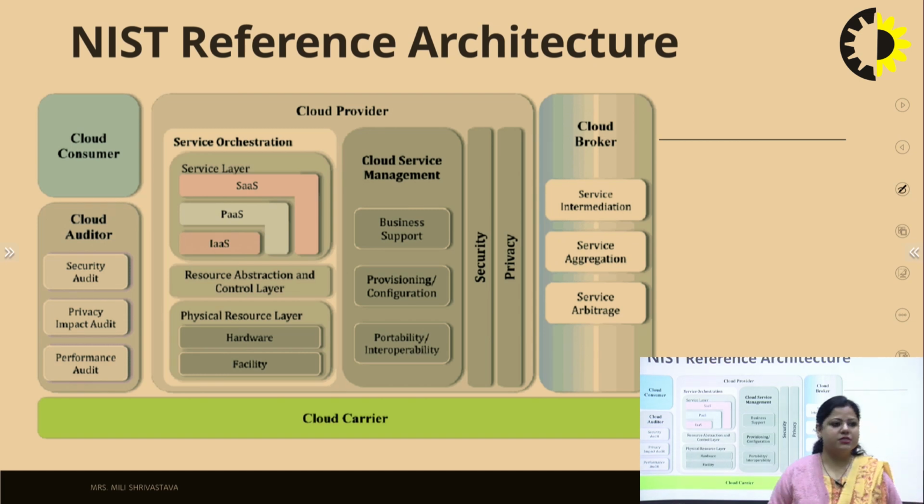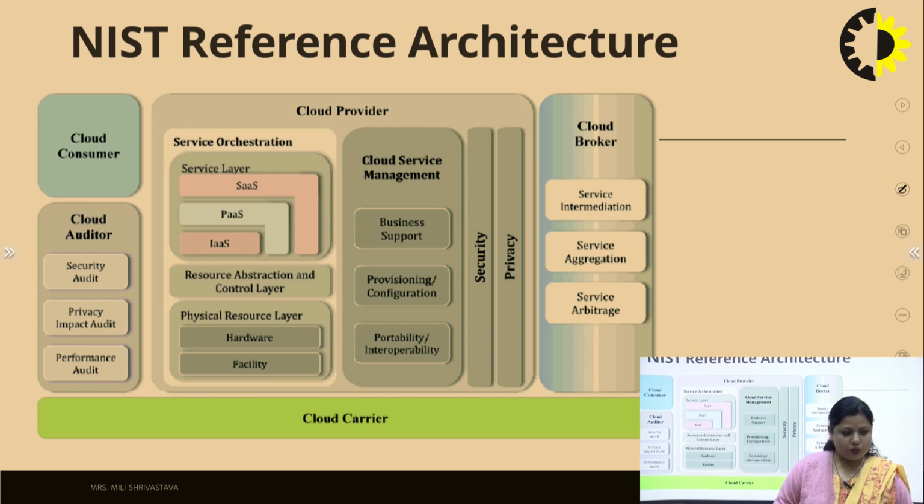Now next is service arbitrage. So what is service arbitrage? Somehow we are required to take services dynamically. What is the difference between static and dynamic? When we talk about dynamic, we can use that service at runtime also.